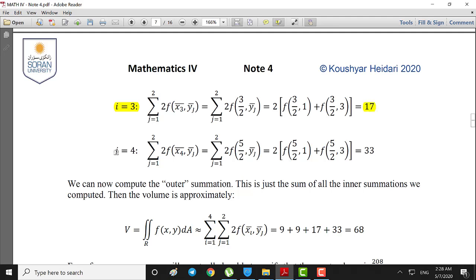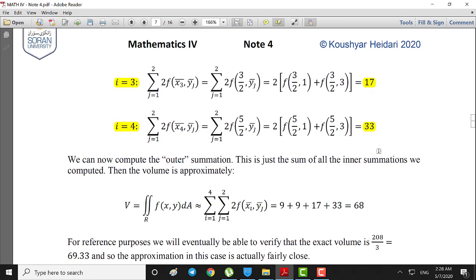For i equal to 4, we're going to go through the same process, and we're going to get 33 in the end. And we can now compute the outer summation, and this is just the sum of all the inner summations we computed.